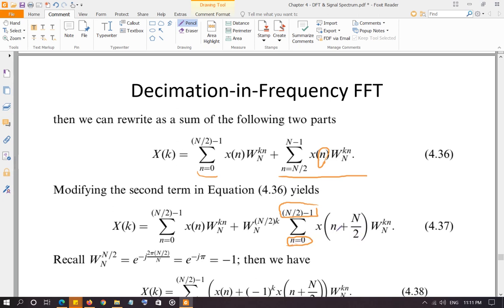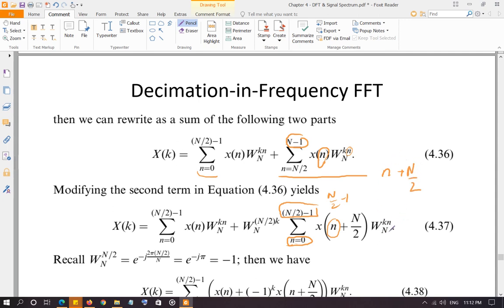So when lowercase n is 0, it's going to start at x of N by 2. And then when it goes to N by 2 minus 1, so when you replace n by N by 2 minus 1, then it is going to be N by 2 plus N by 2, that is N, minus 1. So it's going to go to the upper value N minus 1. Get it? So I changed the summation value, and again over here where I have the lowercase n, I changed that n to n plus N by 2.